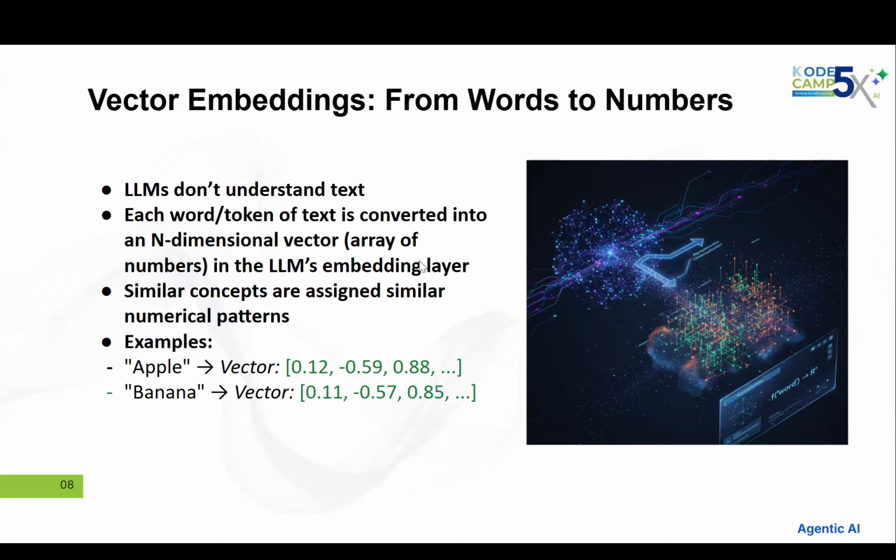So, an example of this word or token to vector conversion is what I have here, where the word apple gets converted to a vector like this, and the word banana gets converted to a vector like this.